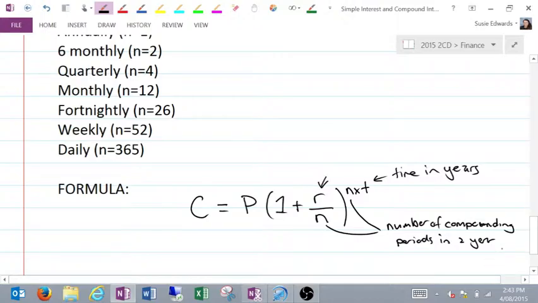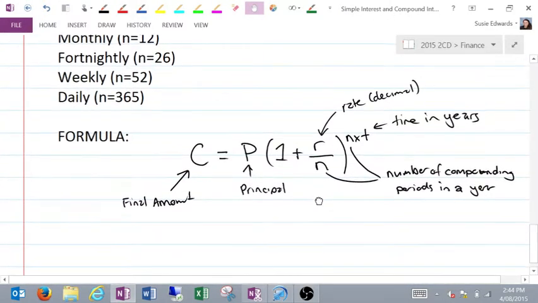R equals rate as a decimal. P equals principal. What does A equal? I've just written compounded amount, so your final amount. Okay? Can I just write final amount? Sorry, my A's look funny. I've tried to change them back, I just can't.